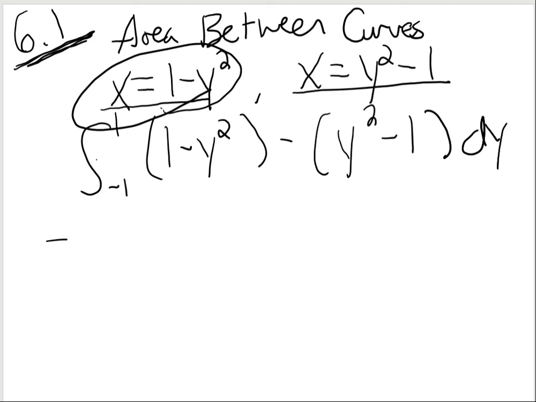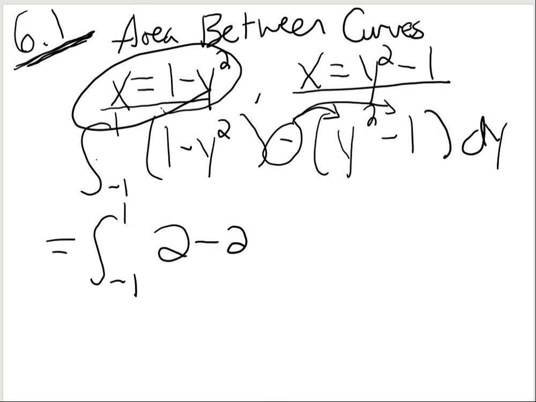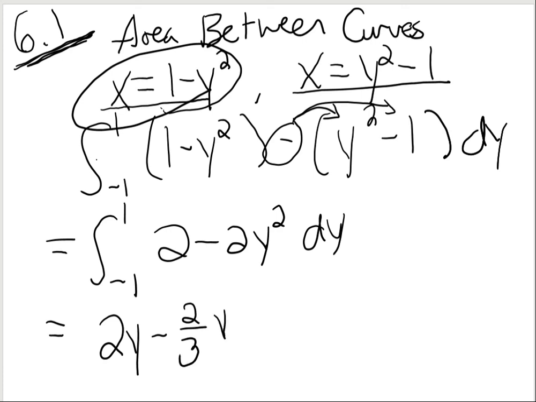So we can do this integral. This is negative 1 to 1 of, distributing this negative sign, you'll get 2 minus 2y squared dy. That is 2y minus 2/3 y cubed evaluated from negative 1 to 1.